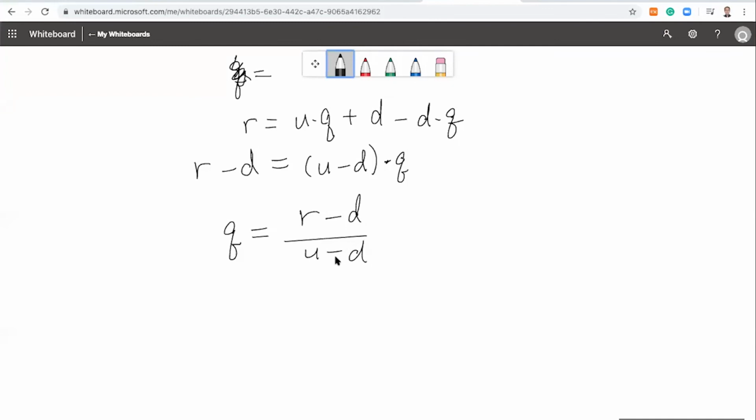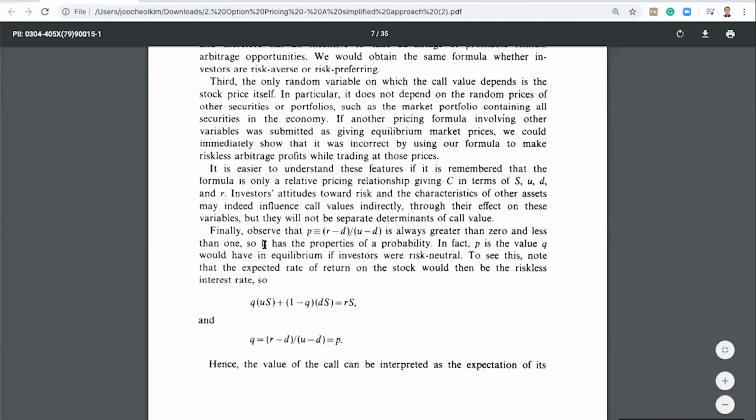So if your Q is this one, then 1 minus Q is obviously the complement. Then you are risk neutral. We can say that you are risk neutral. And look at this one.